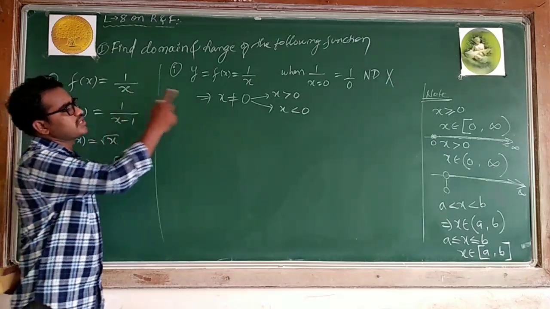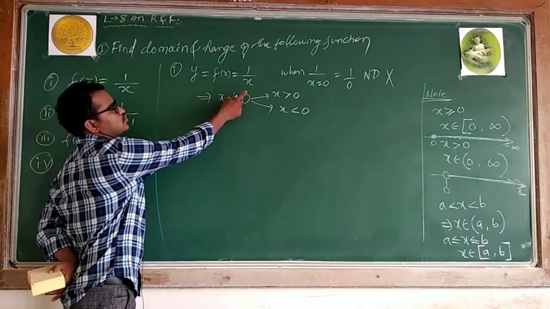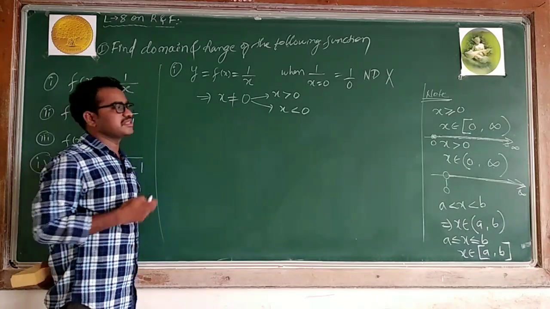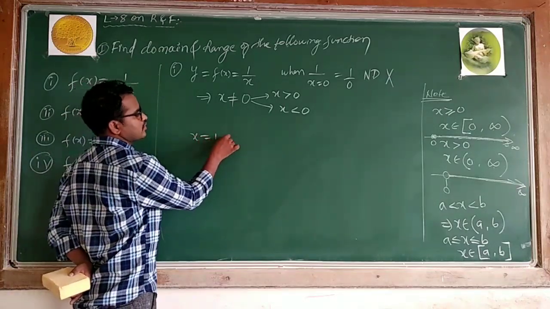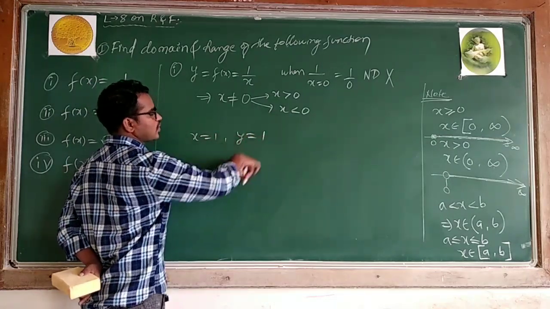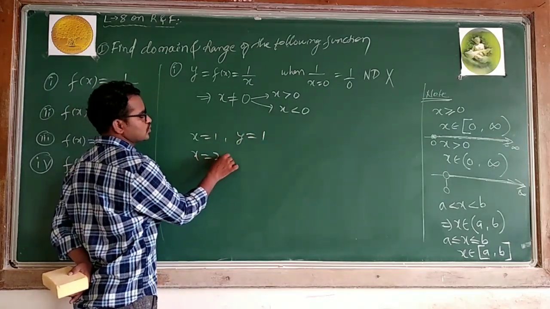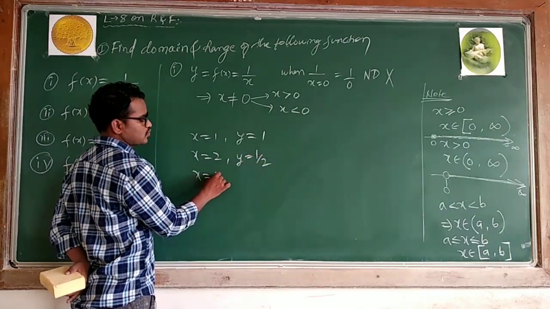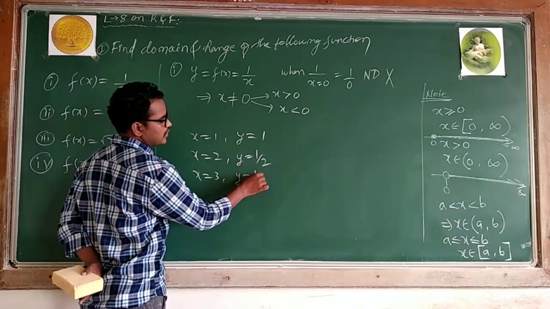You can take x value 1, y value will be 1; x value 2, y value 0.5; x value 3, y value 1 by 3. When x value is 1, y value is 1 by 1, 1 only. X value 2, y value 1 by 2. X value 3, y is equal to 1 by 3.